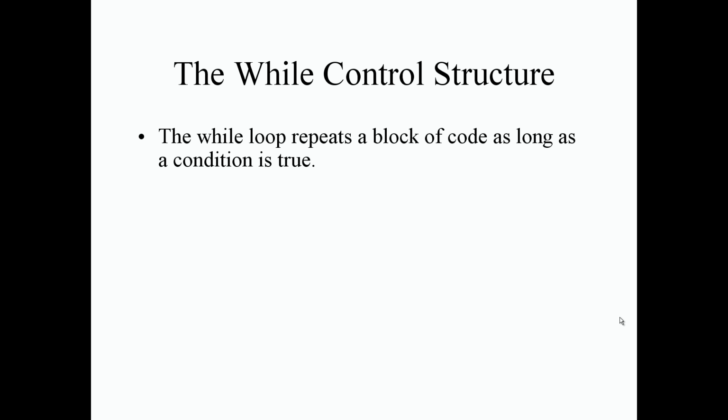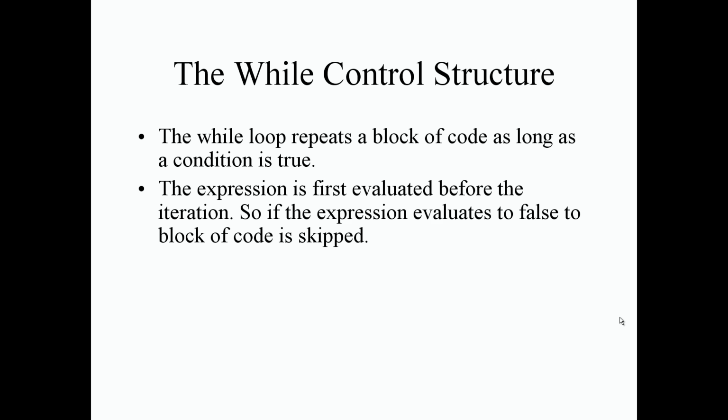The while control structure. What are while loops and why are they even important? The while loop just repeats a block of code as long as the condition or the expression inside the parentheses is true. The expression is first evaluated before the iteration or the repetition.